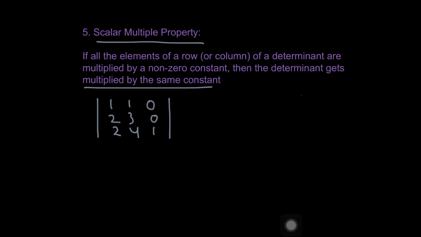So here I have taken this one. Suppose the determinant of A, what will be the determinant of A here? Along the third column, if we find it, it will be 3 minus 2, so it will be 1. Now here I am changing the first row.